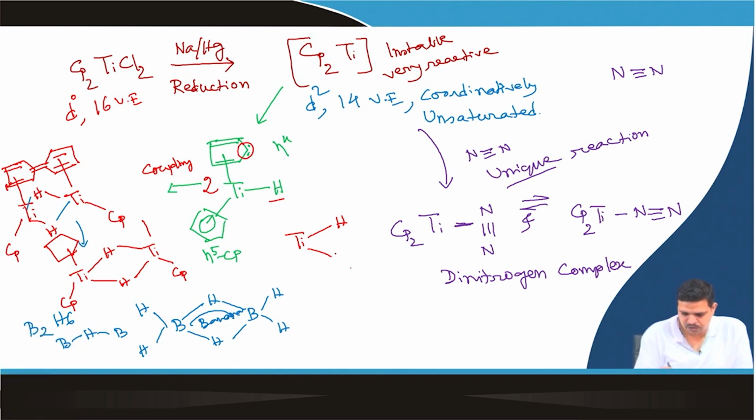So here you will see two bridged hydrogen bonds, here Cp, here Cp, that is eta 5 obviously, and here we will draw the Cp ring.